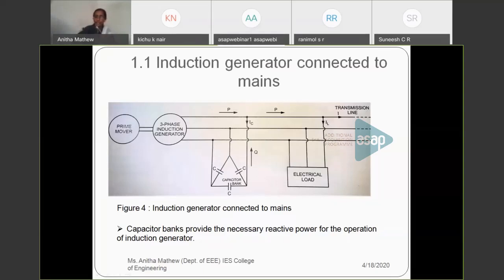I have already said that the induction generator receives reactive power from the transmission line for magnetizing it. So here we are providing a capacitor bank for that process. Okay.